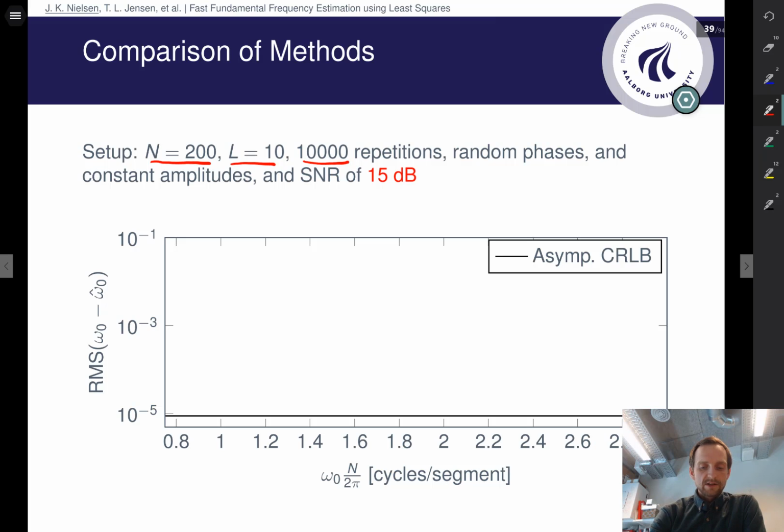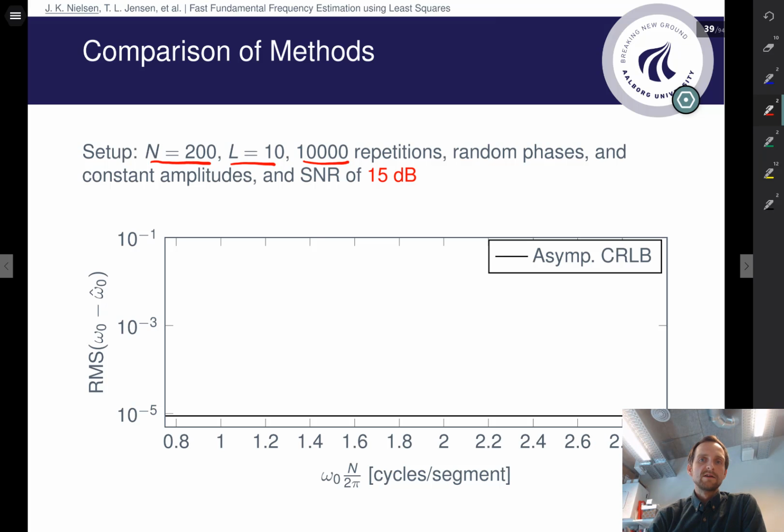What you can see here on the x-axis is the frequency we have used, and on the y-axis the root mean squared error between the true fundamental frequency and the estimated fundamental frequency. And the line you see here is the asymptotic Cramér-Rao lower bound. If you're not familiar with the Cramér-Rao lower bound, think about it as this is the best you can do.